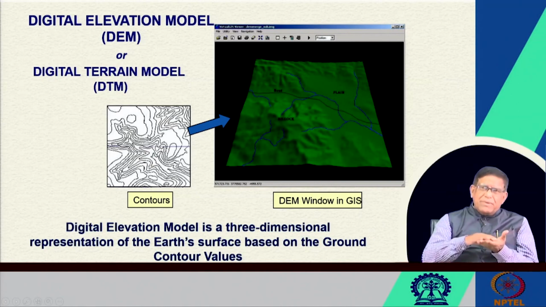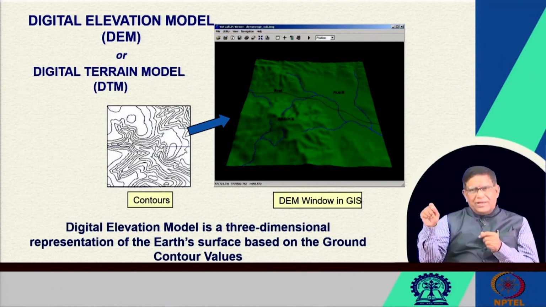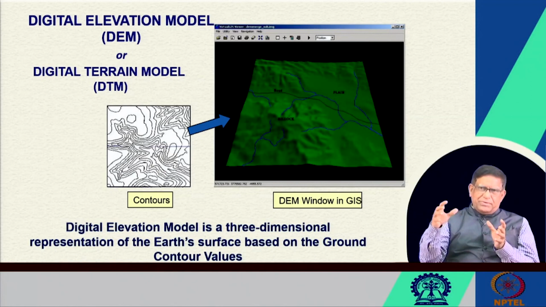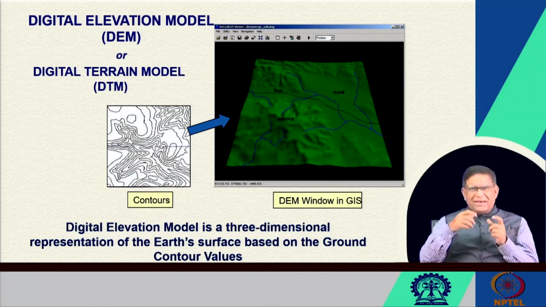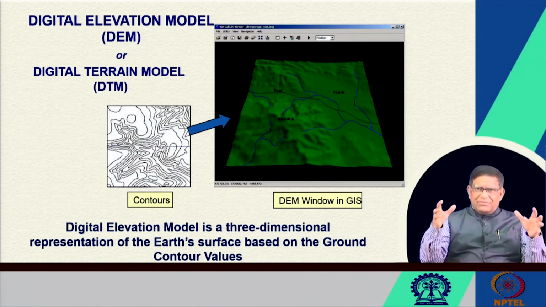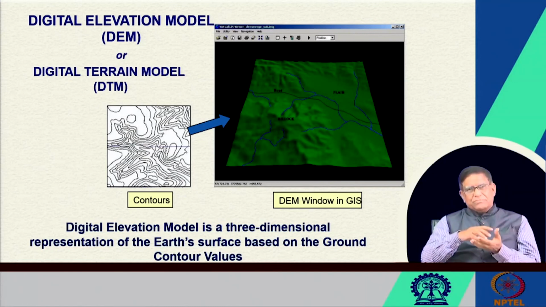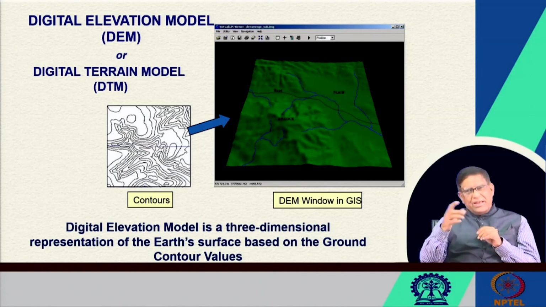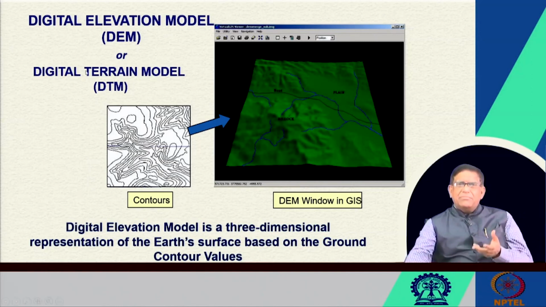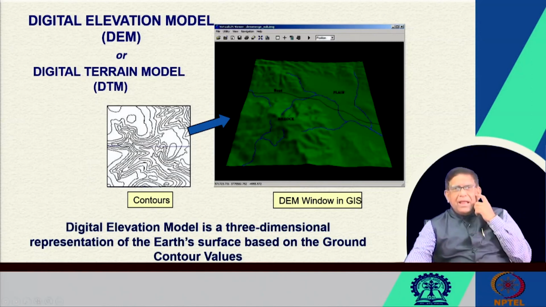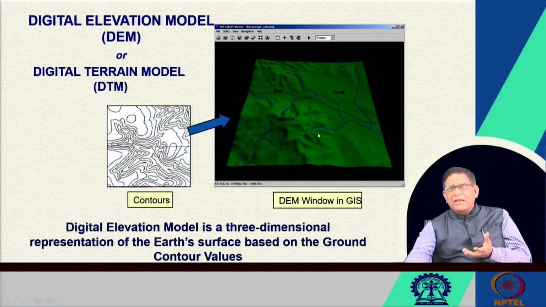In contour mapping, the surveyor used a total station, or earlier a chain and theodolite, to get the point elevations, and from the point elevations you can draw contours. Now, this contour can be brought into 3D and you get a digital elevation model, by which you can see what the terrain looks like for a particular site.